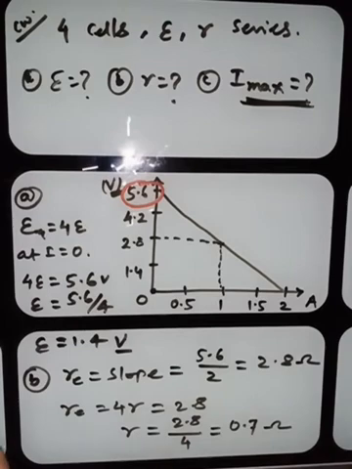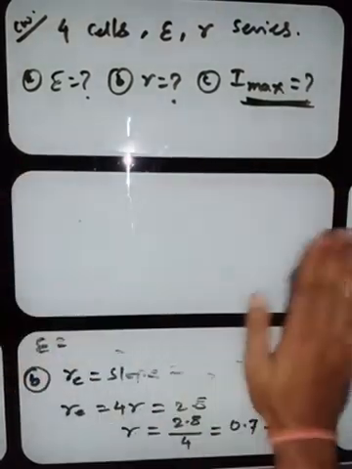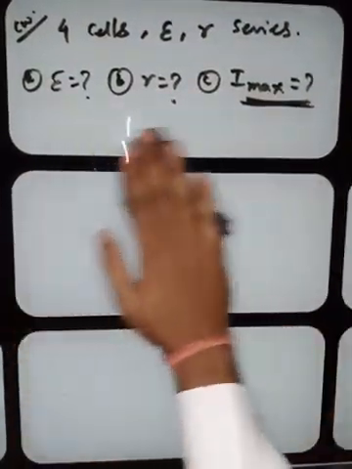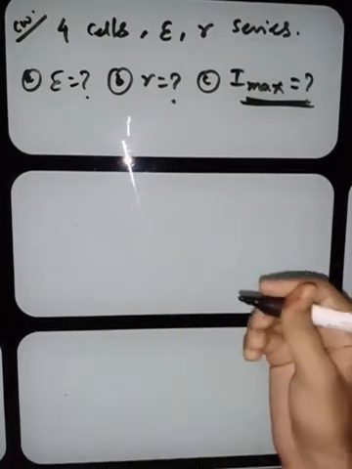Now the maximum current. Okay, so for maximum current, my dear student, I am explaining here. Can you note down this one? The maximum power theorem. You need to just remember the maximum power theorem.